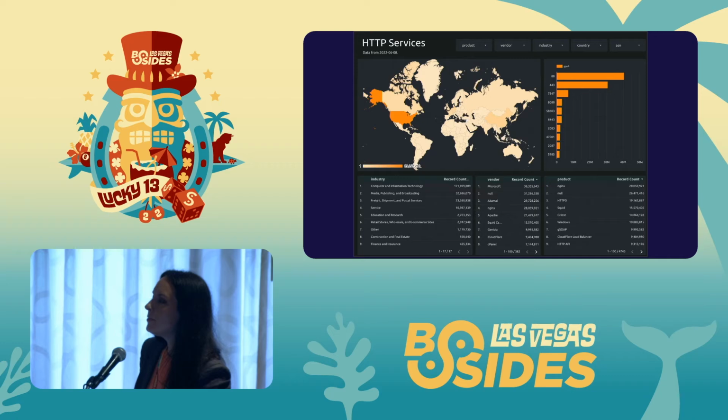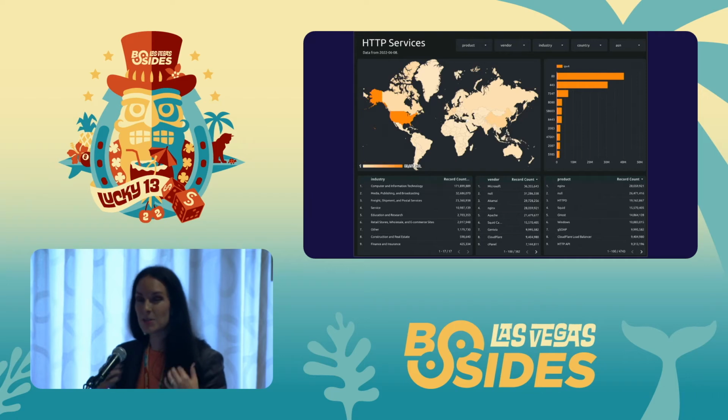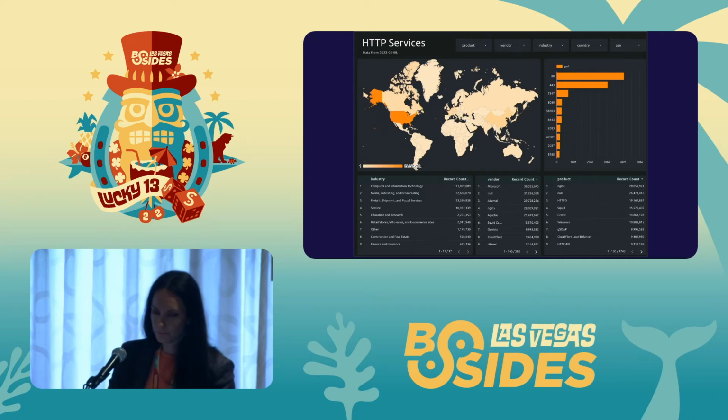And then in the middle and bottom right of this row, you can see some of the different vendors and products that we see. So yes, HTTP is web servers, websites, but there's also things like proxies and caches, load balancers, APIs.